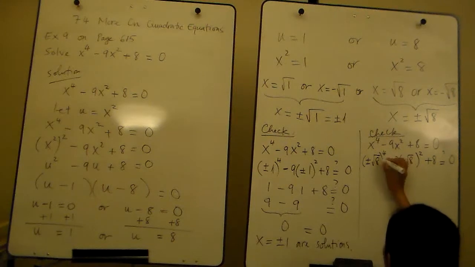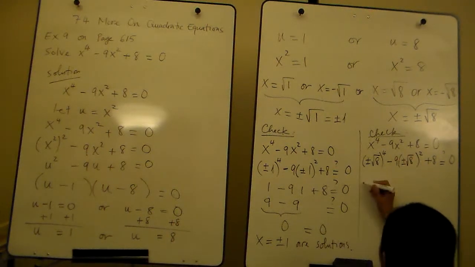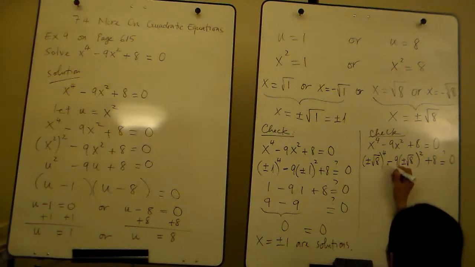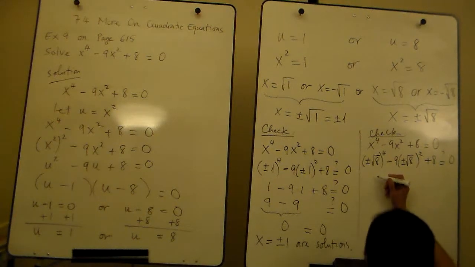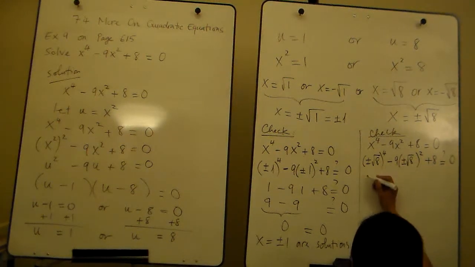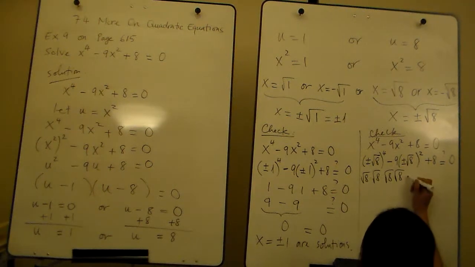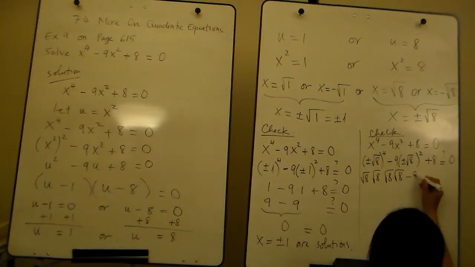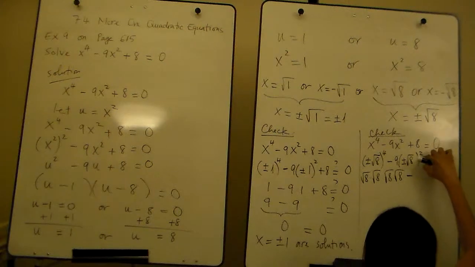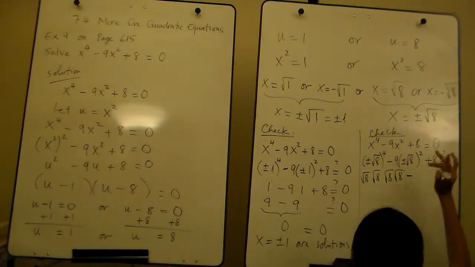Plus or minus, when you raise to the even power, is 1. So you can write this as square root of 8 times square root of 8 times square root of 8 times square root of 8, because you raise to the 4th power, minus 9, and then for this you can rewrite it as: positive or negative, when you raise to the 2nd power, is 1.